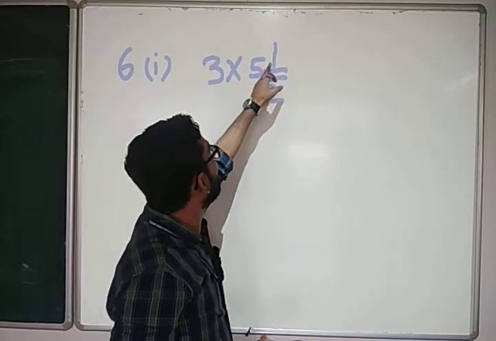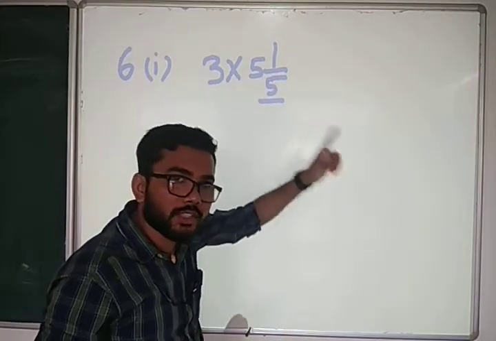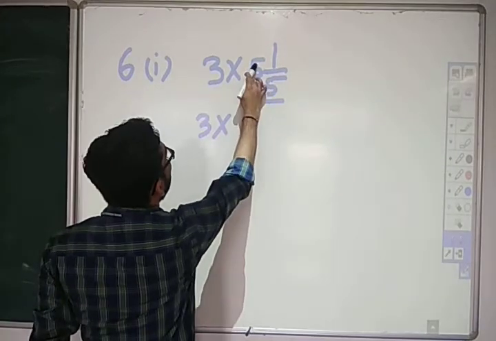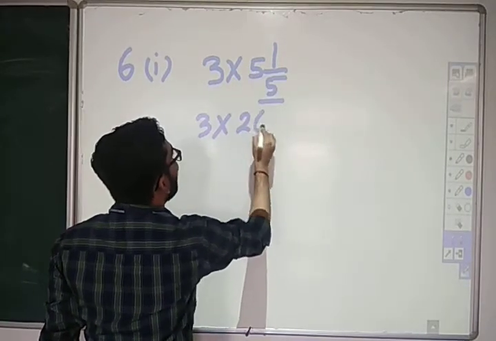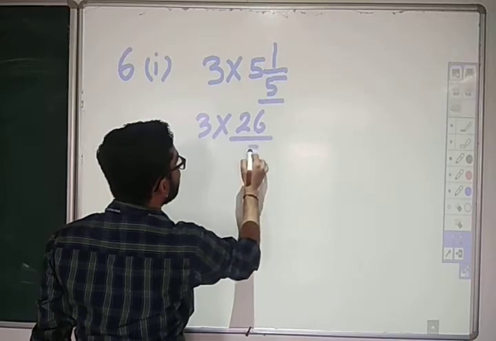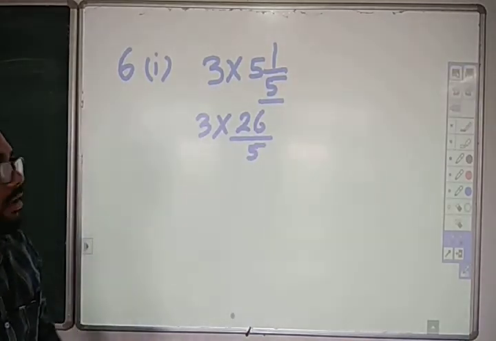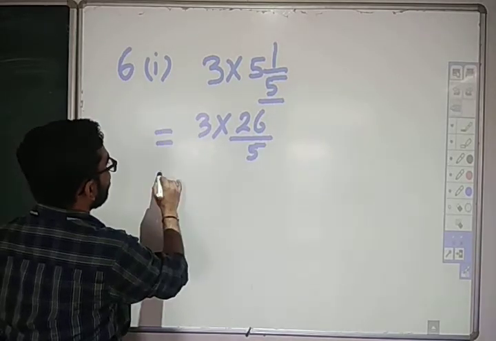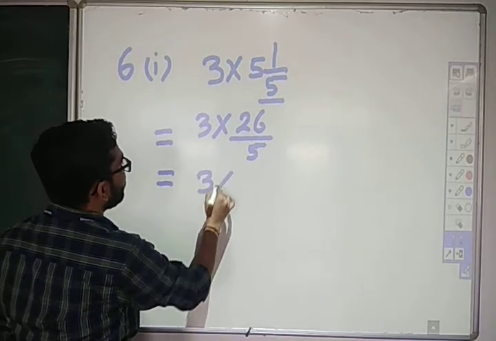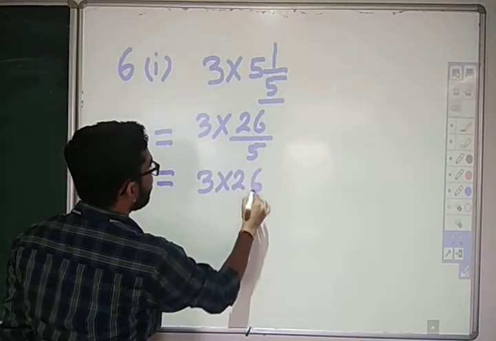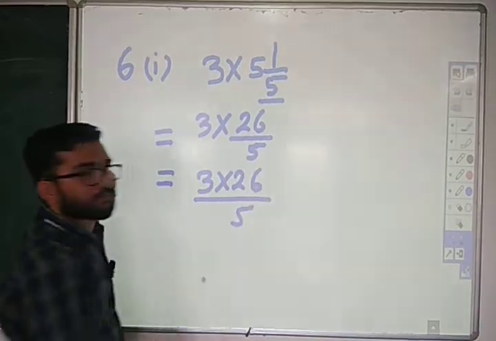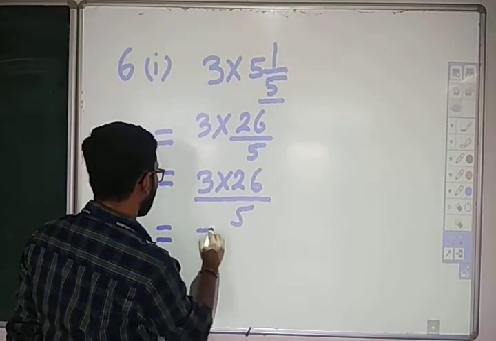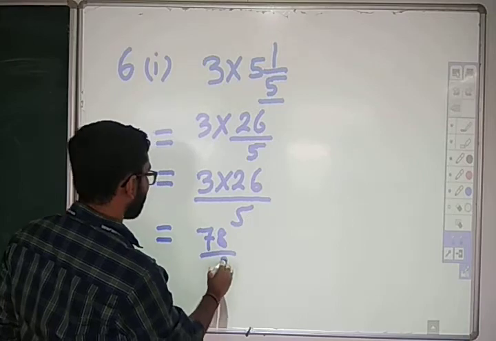So 25 plus 1, what you will get? 26, and the denominator will be 5. Now you will multiply. This is converted into improper. So 3 into 26 upon 5. When you multiply it, you will get 78 upon 5.